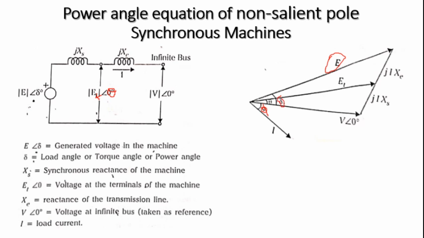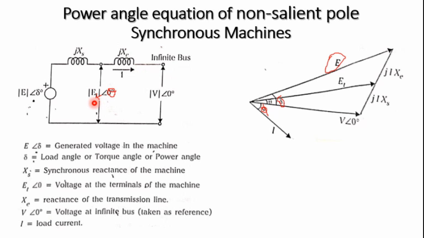How we need to draw this: the important thing is to take V as the reference. Assuming the current is lagging, the angle between I and the drop I XE is 90°, so it is perpendicular.